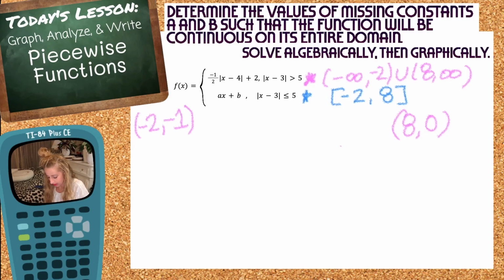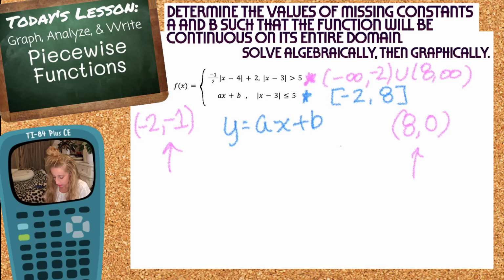So those are the 2 points. One point is over here, -2, comma, -1. The other one is over here. Now, if I want to make this continuous with a linear equation, ax plus b represents mx plus b, y equals. So what can I do to figure this out? There are a few ways we can do it. I'm going to start off by finding the slope.